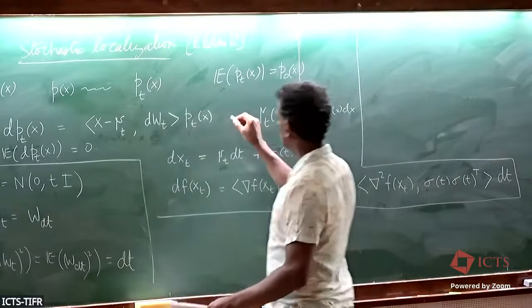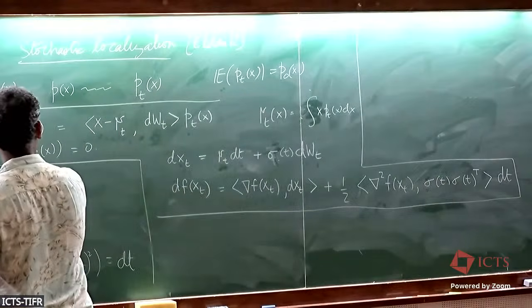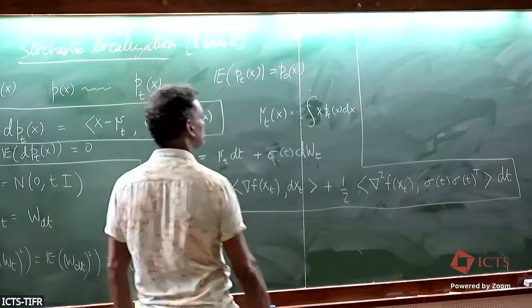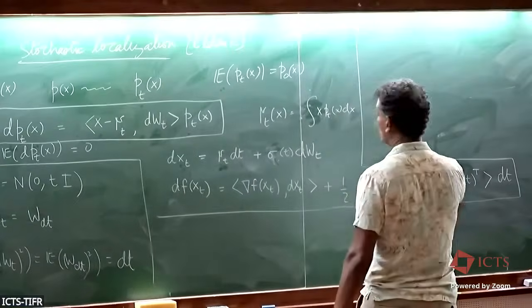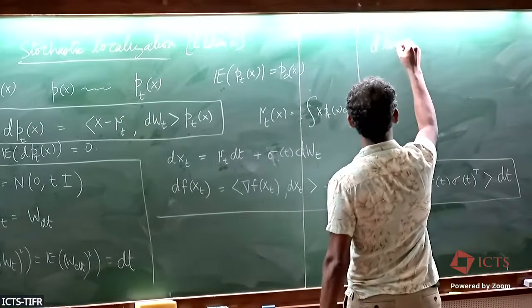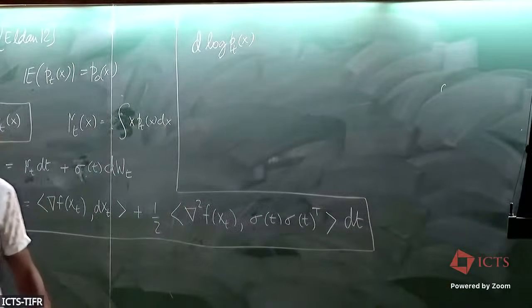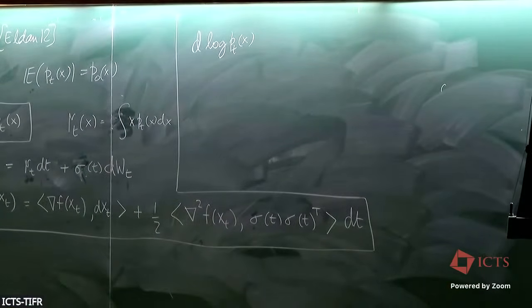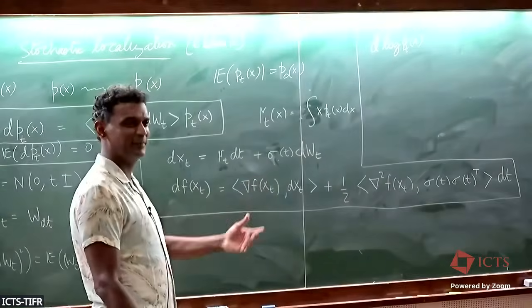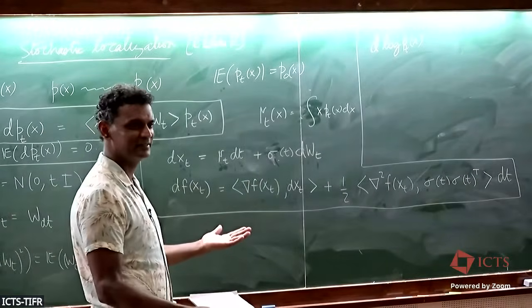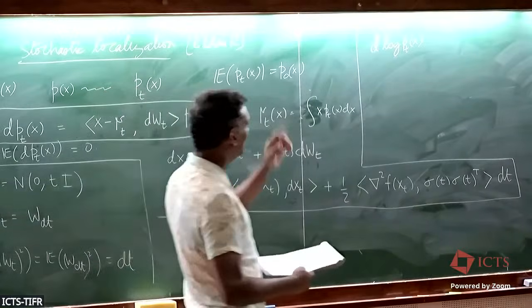Given this is our basic equation, let's look at what happens to log of p_t(x). Of course, you can ask, why am I looking at log? This is with hindsight, but playing around you see what's the right guess. In the discrete thing, we noticed there is an exponential-like term appearing, so maybe log is a reasonable thing to consider to see the change. But anyway, let's look at this.